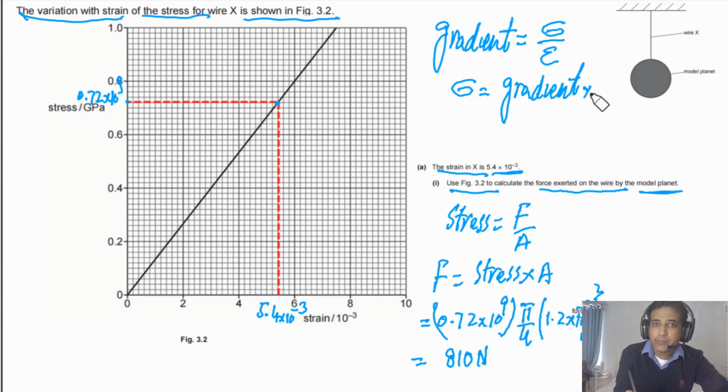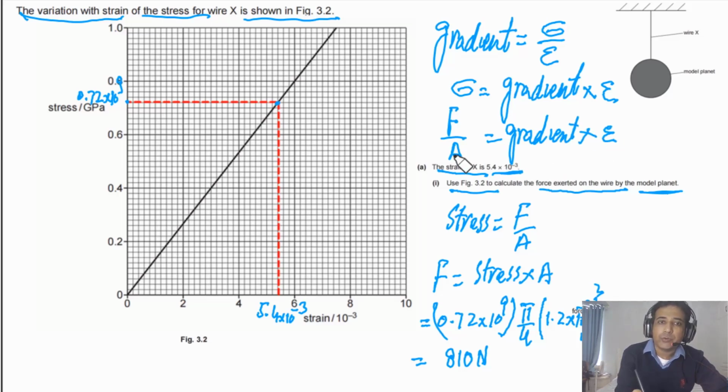So sigma is F over A, and this will be equal to gradient times strain. If we multiply both sides by A, the cross-sectional area, we get the force. So this is how you can also calculate the value of force using the gradient.